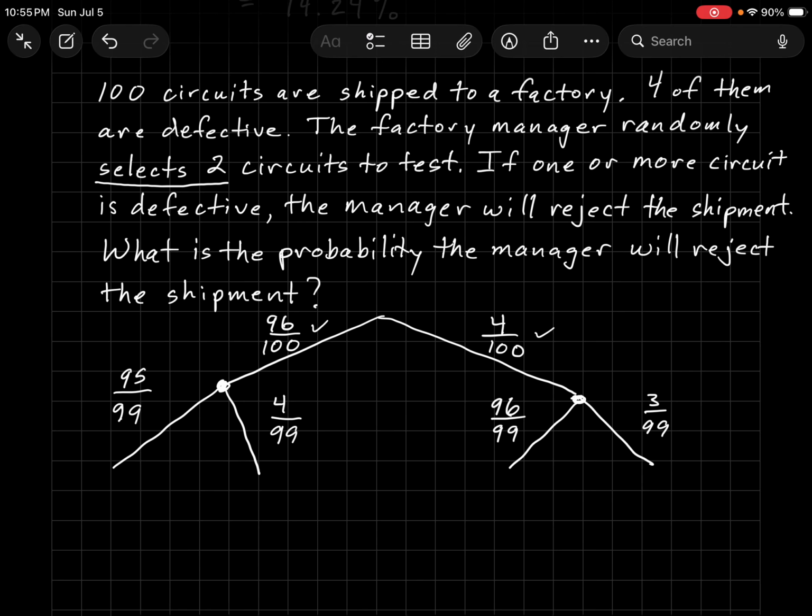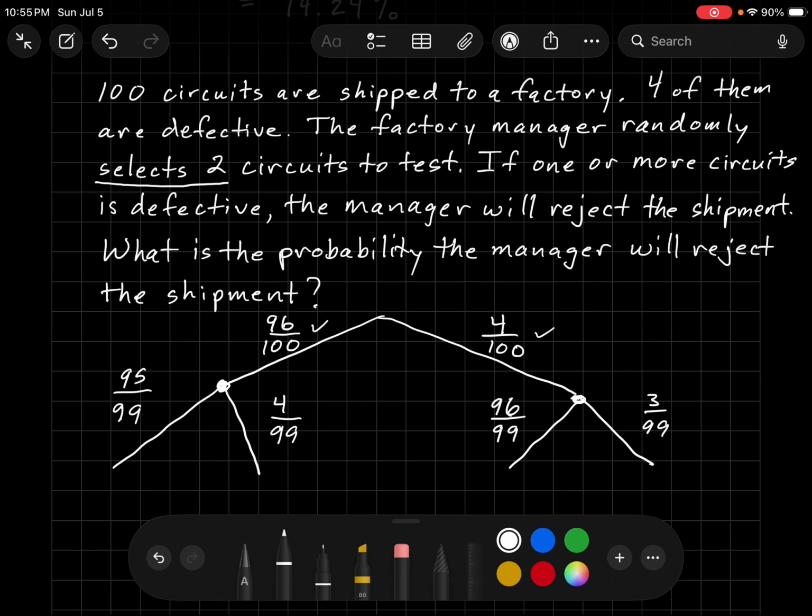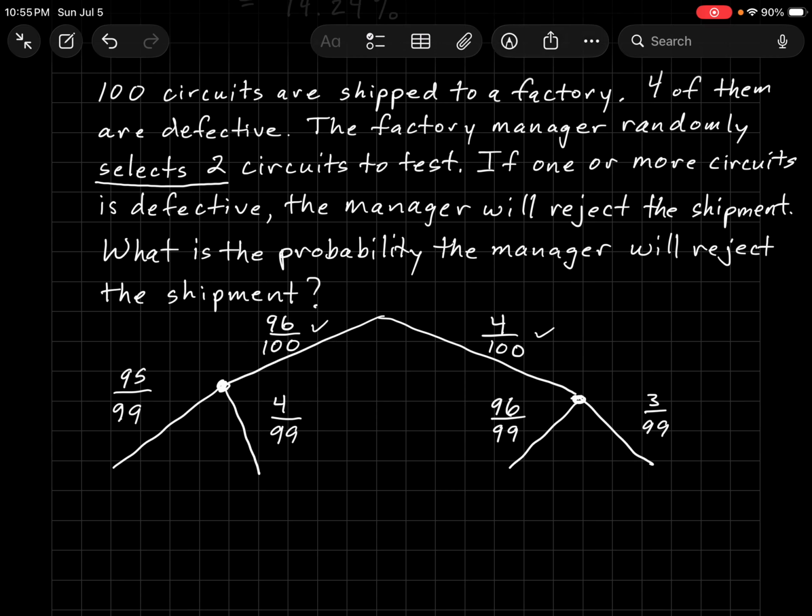So now let's answer the question, which says if one or more circuits is defective, the manager will reject the shipment. What is the probability the manager will reject the shipment? So I'm going to draw some paths down here. Let me choose red. So one or more bad could be good first, then bad. It could be bad, then good. Or it could be bad, then bad.